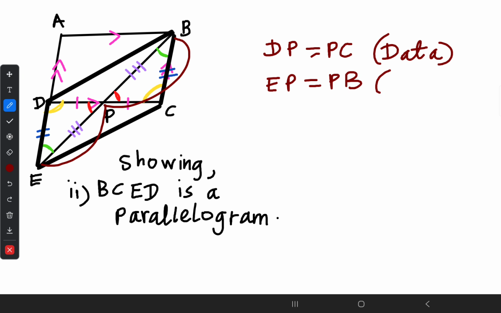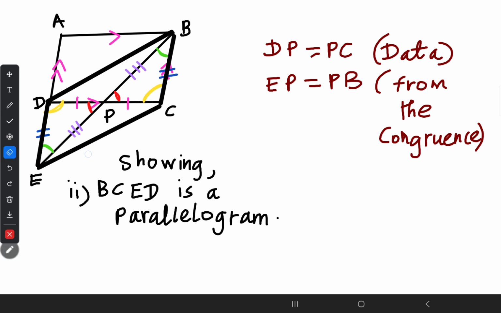How did we derive this? In the congruent triangles, remaining corresponding elements are equal. So from the congruence. But this is not at all enough. You should write that in words properly.